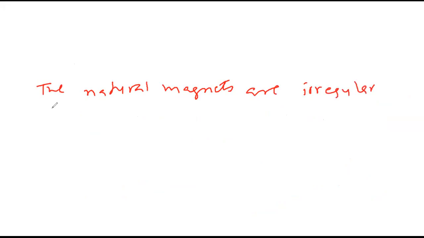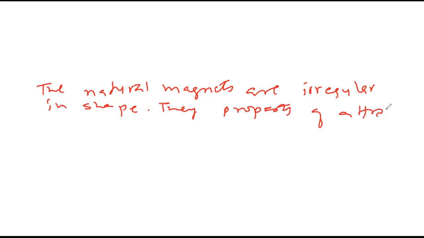Right. Natural magnets are irregular in shape. Their property of attraction is weak.